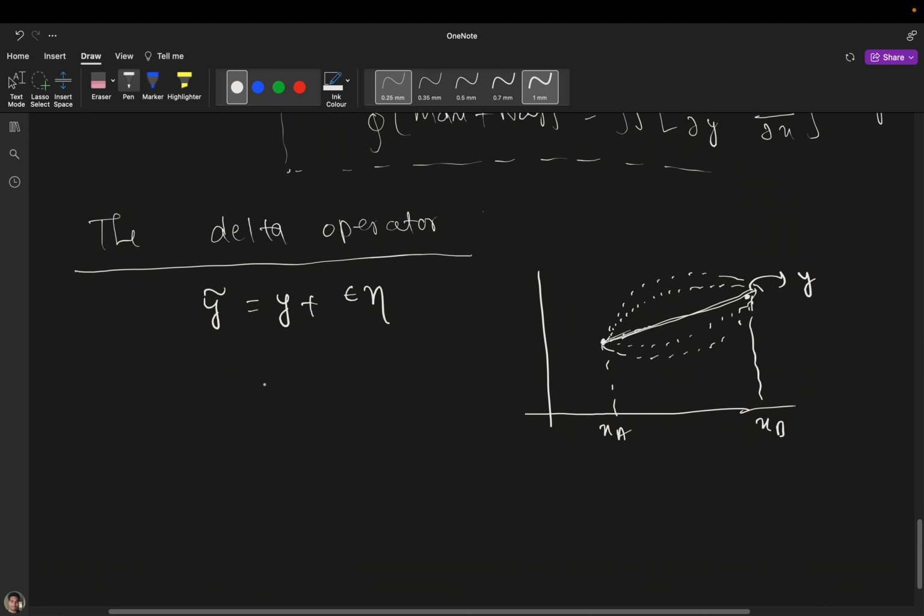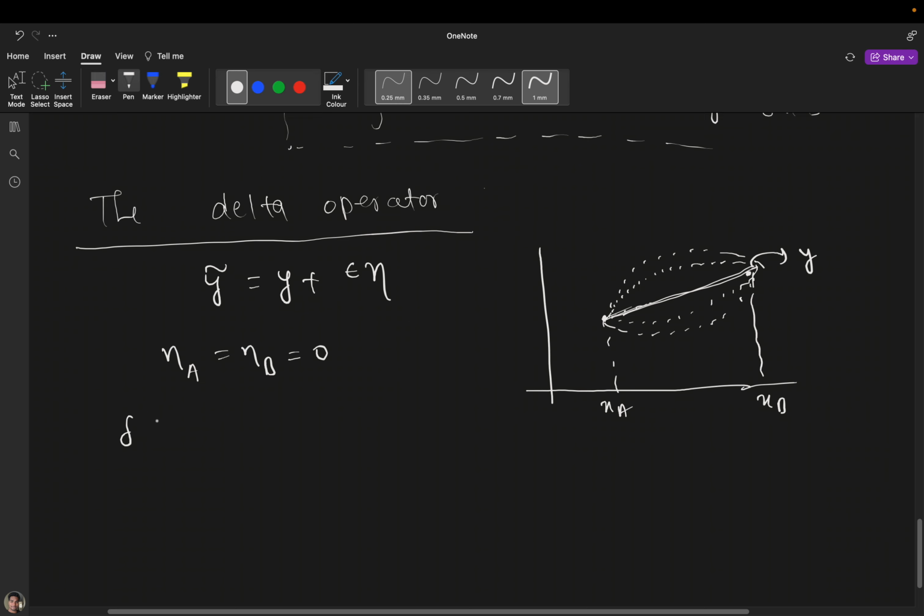And there is a condition that eta a equals eta b, that will become 0, which means that at the end points this variation should be 0. Actually the variation of y is nothing but the difference y tilde minus y. You can think about it like this. Suppose that you are considering this as y tilde.